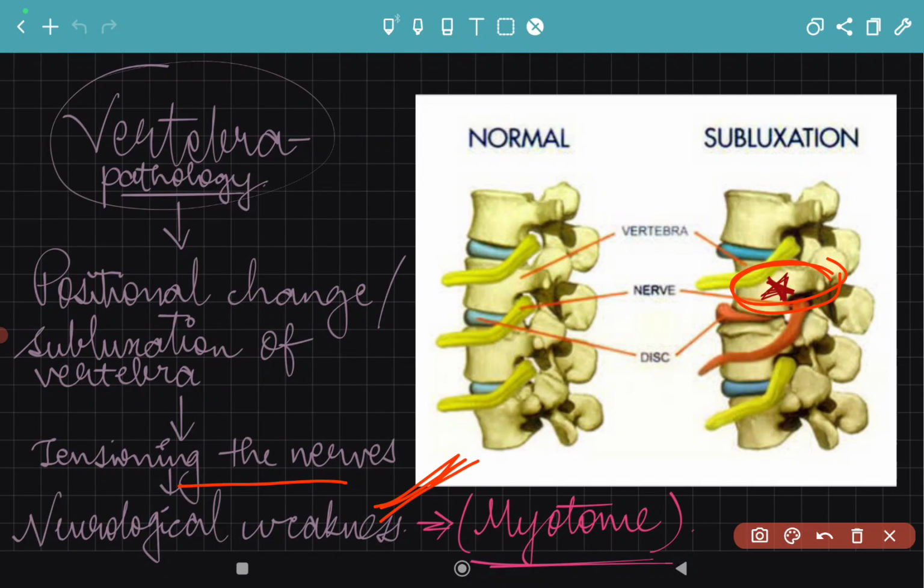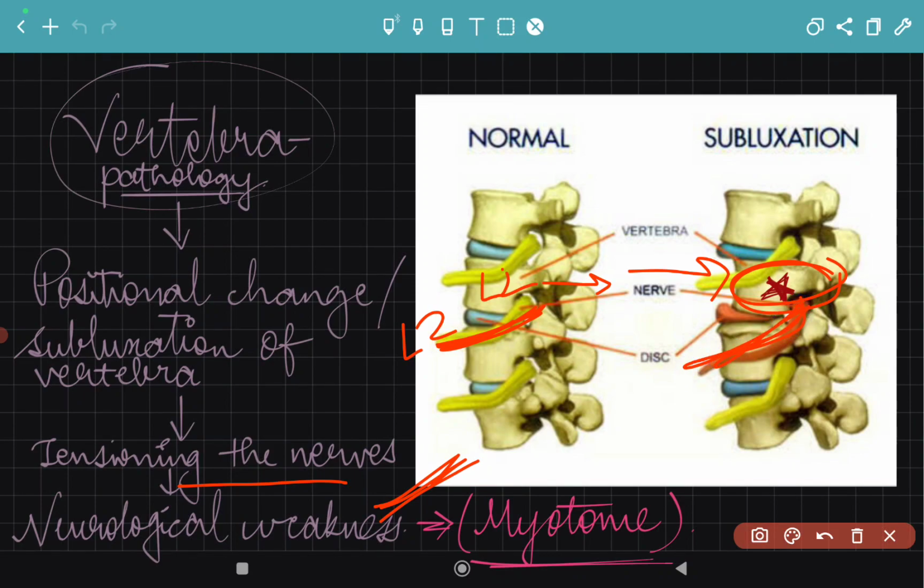So similarly, as we saw with the dermatomes, if we consider that this is the L2 vertebra, then below it will be the L2 nerve root. And if this vertebra is subluxated posteriorly, as shown over here, then this nerve, which is the L2 nerve root, will be affected.